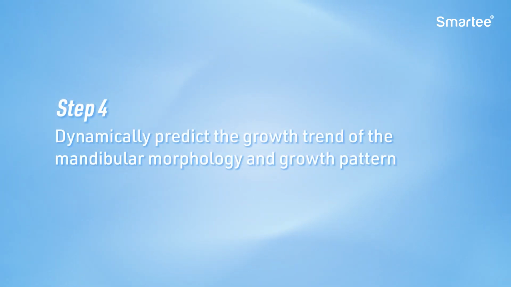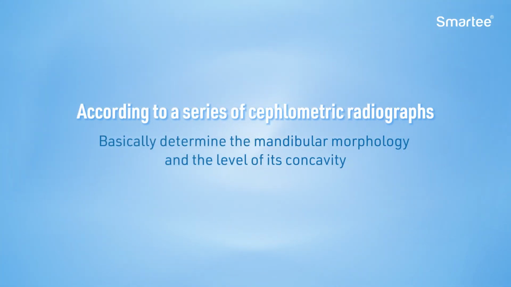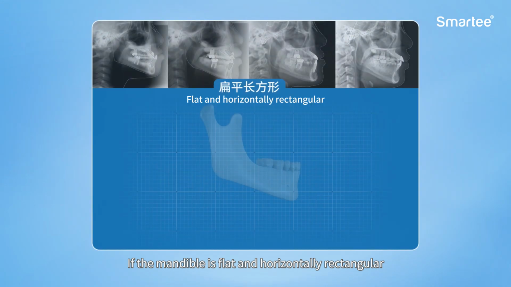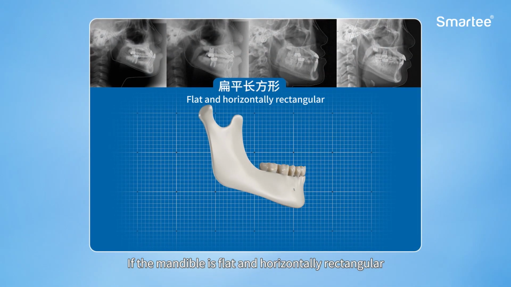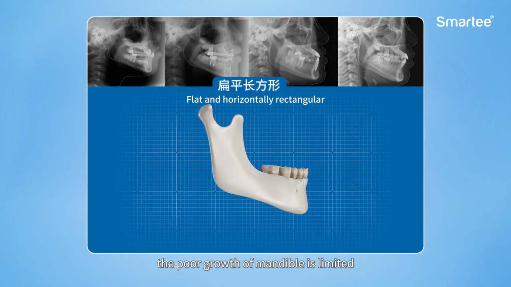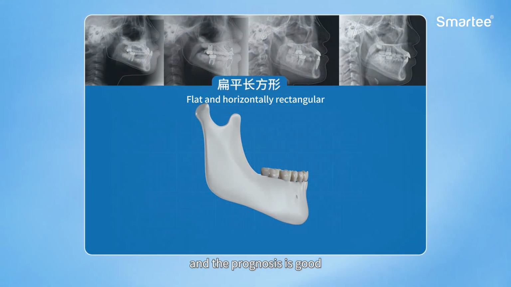Step 4. Dynamically predict the growth trend of the mandibular morphology and growth pattern. That is, according to a series of cephalometric radiographs, basically determine the mandibular morphology and the level of its concavity. If the mandible is flat and horizontally rectangular, the poor growth of the mandible is limited, and the prognosis is good.